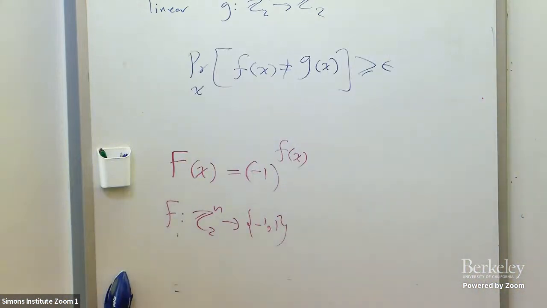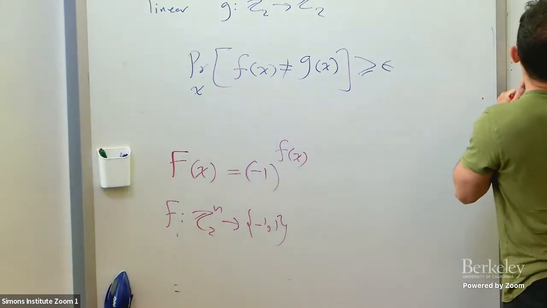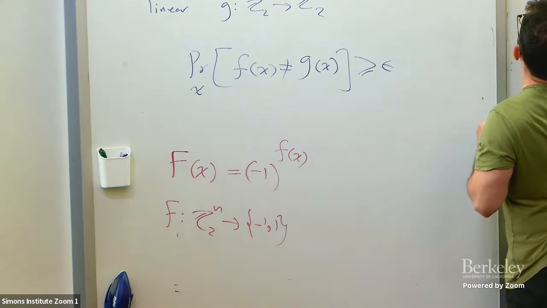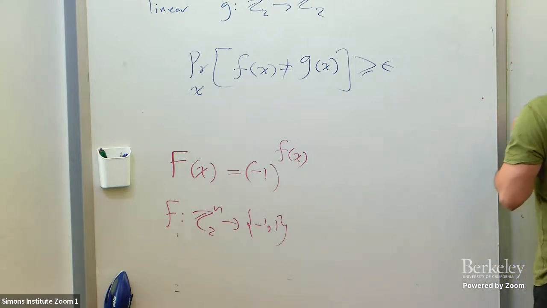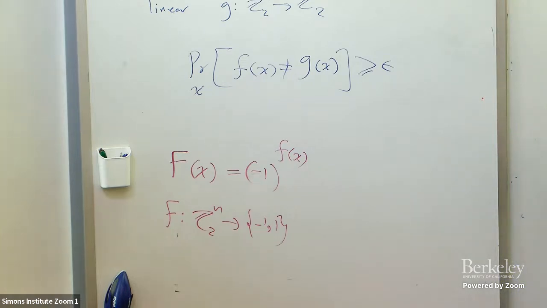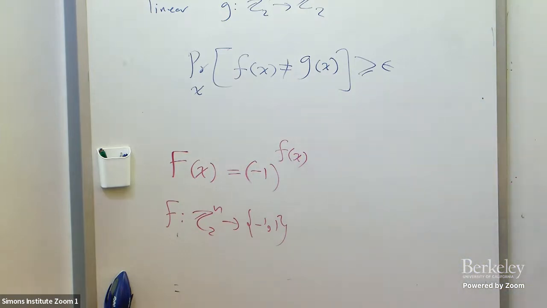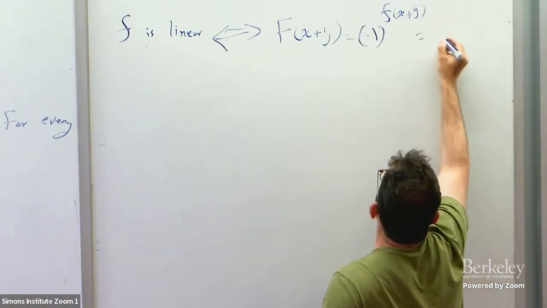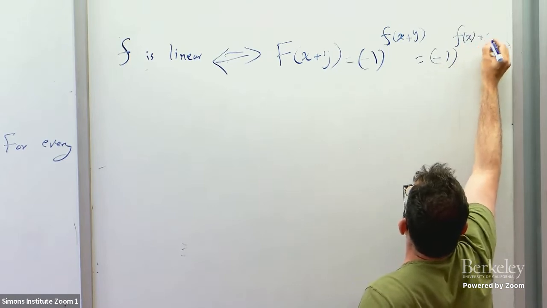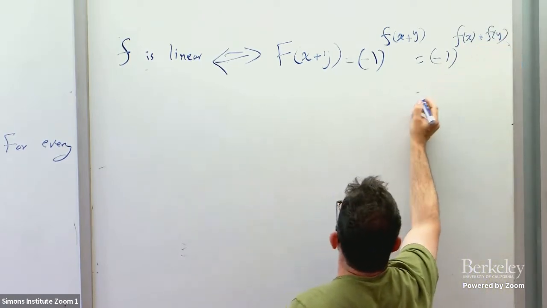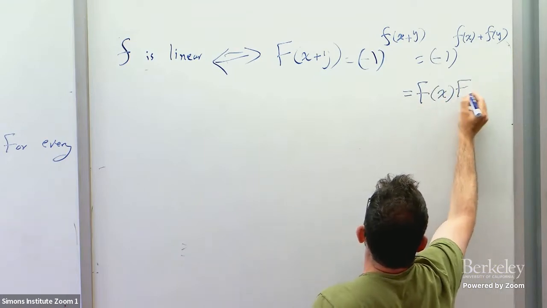Now, what does being linear mean now? If f is linear, what do I know about f of x plus y? It's going to be (-1) to the f of x plus f of y, which I can write as (-1) to the f of x times (-1) to the f of y, which is just F of x times F of y.